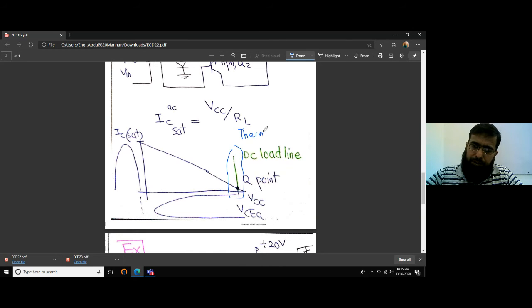This increase in current is due to thermal imbalance, or we call it thermal runaway. Otherwise, we have a constant current ICQ as long as the temperature is within limits.